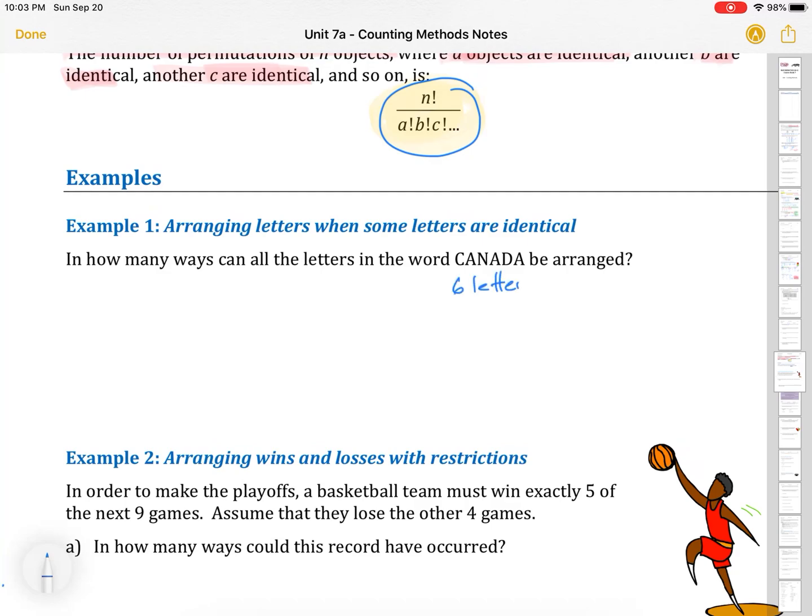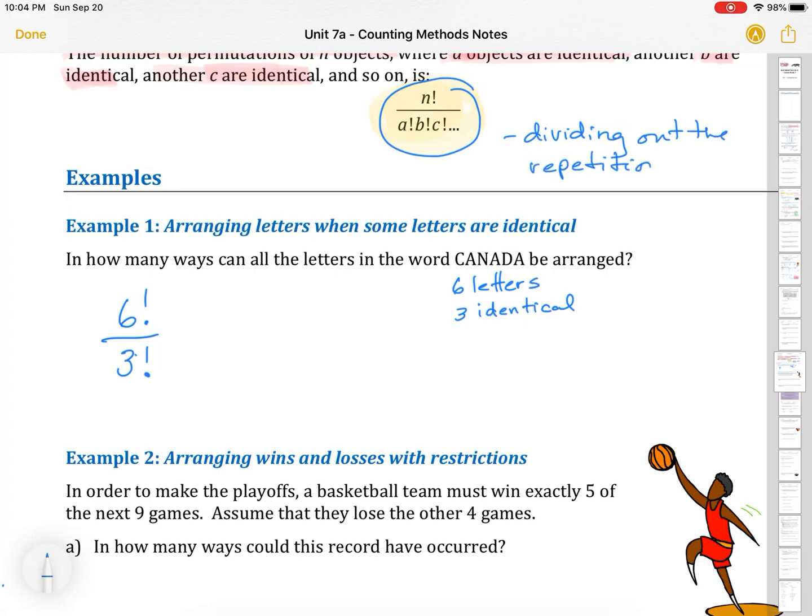So let's look at this one. In how many ways can all the letters of the word Canada be arranged? Well, let's see. We have 6 letters and 3 are identical. We could list out a whole bunch of different arrangements. That might take a while, but we can use this formula. We go 6 factorial over 3 factorial.